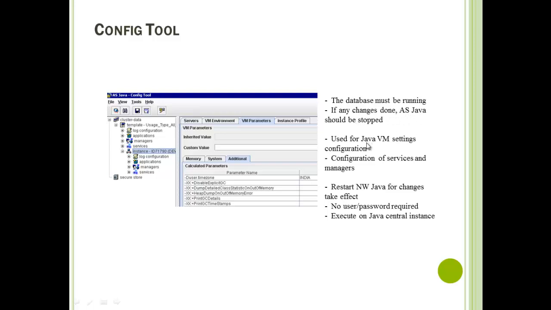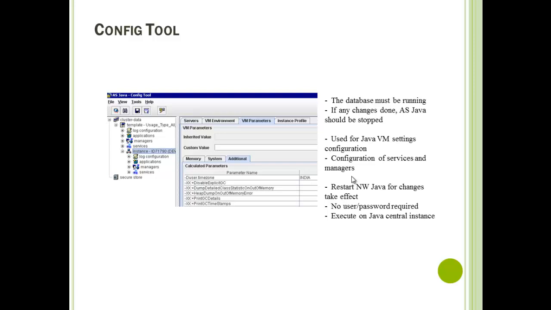Using the Java config tool, we can configure the Java VM settings, and we can also configure the services and managers of Java. The VM setting is the setting of the virtual machine of Java.